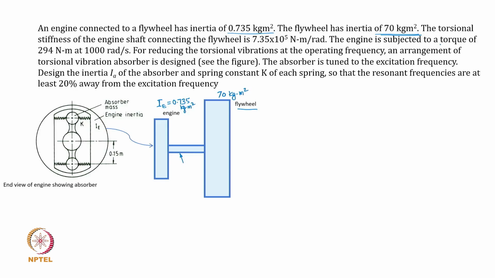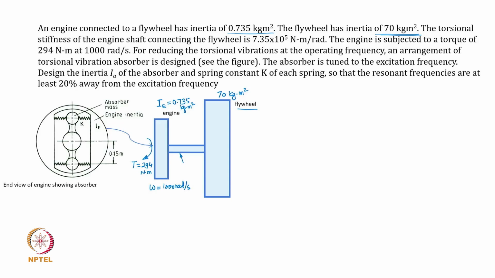And the engine is subjected to a torque. So the excitation torque here is 294 Newton meter, okay, at 1000 radians per second. So your excitation frequency is 1000 radians per second. That's what has been given, and the amplitude of the excitation torque is 294.